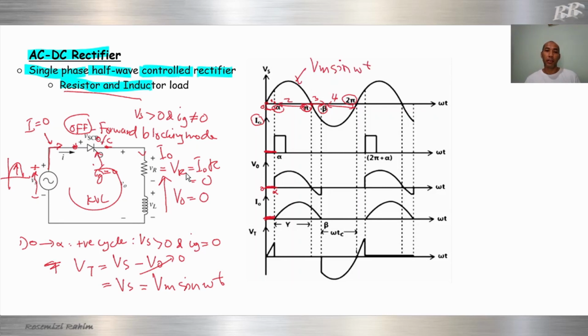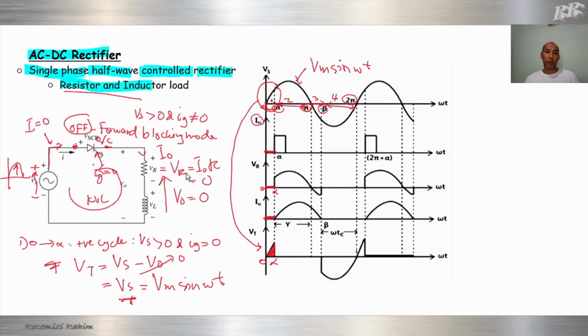This is our Vs. The thyristor voltage from 0 to alpha will follow the input, follow the V source, same shape. Due to forward blocking mode, our thyristor is in off condition, so we get this waveform.